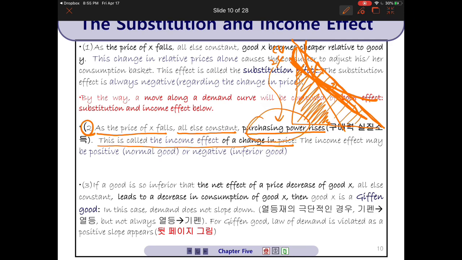So this compensating variation is exactly the same as the magnitude of the rise in purchasing power, right? And we call this the income effect. So I'm relating compensating variation to the income effect due to a fall in the price of good X, right?